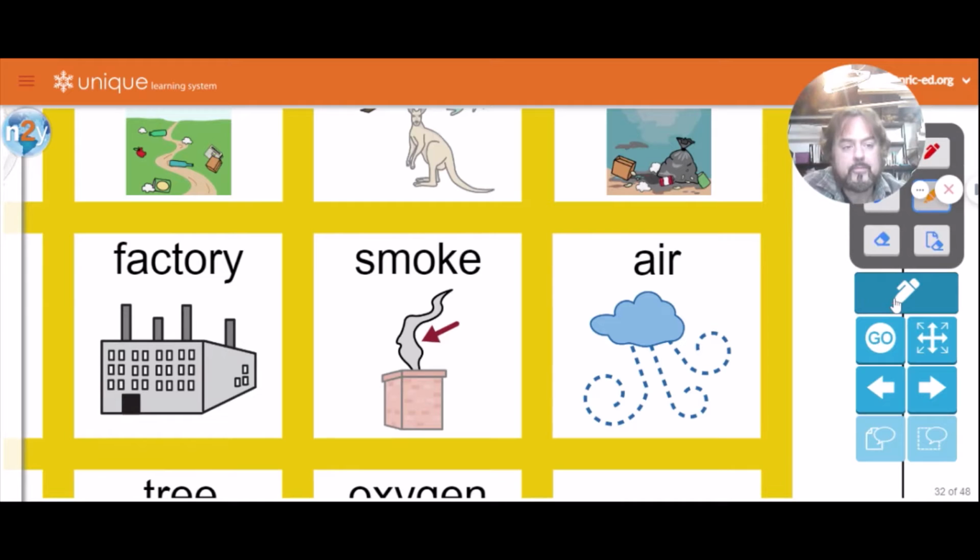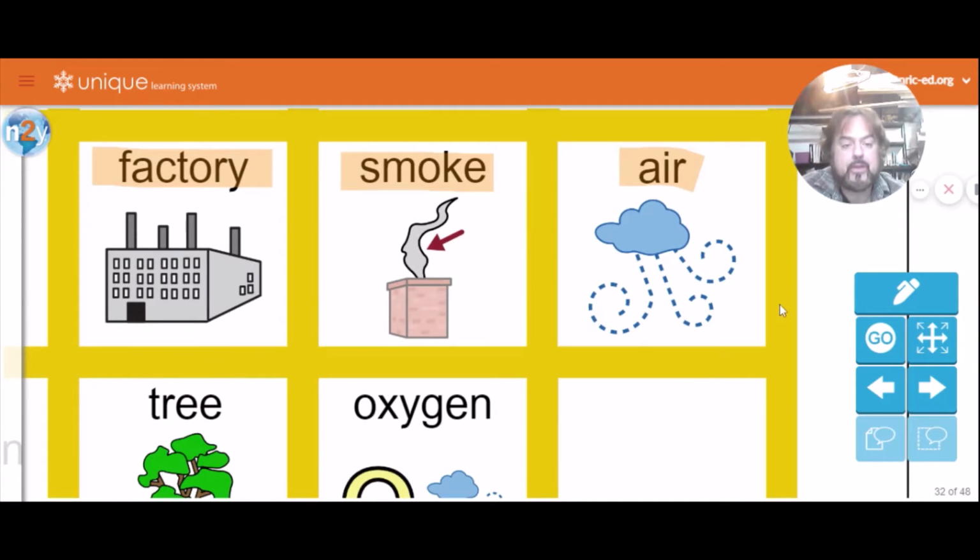Okay, air. Well, we do need air to live. We have to breathe air. And if there's too much smoke in the air from a factory, that's going to make the air polluted and not so good to breathe in. Okay.